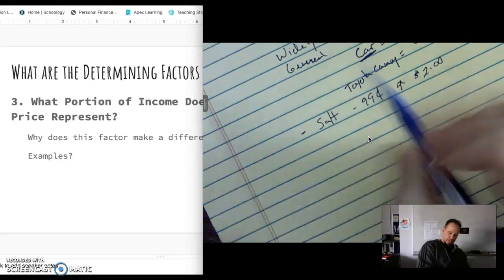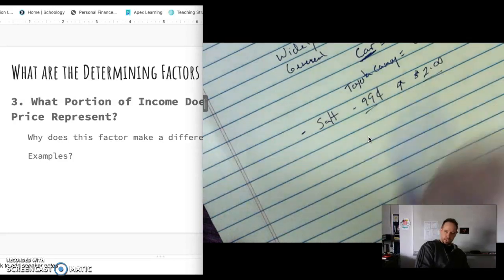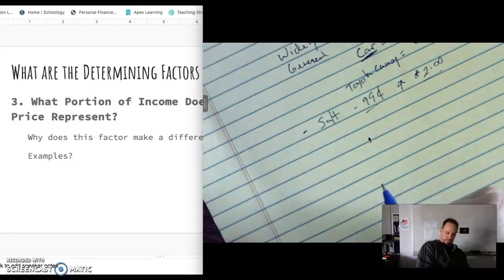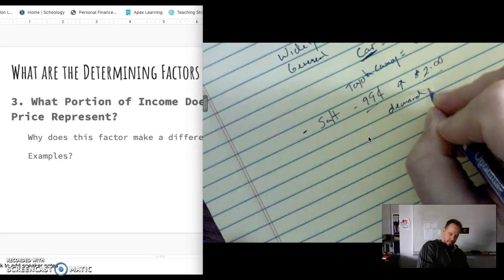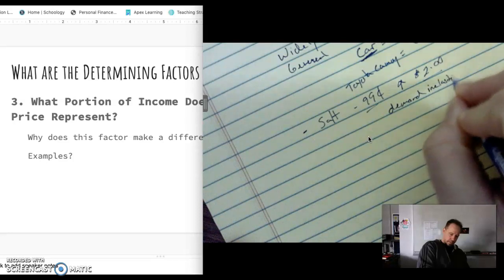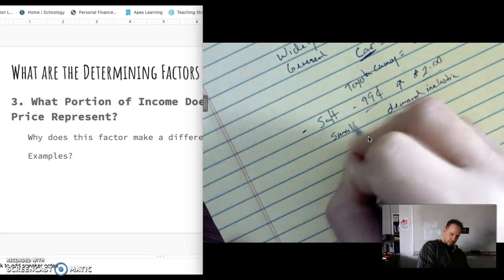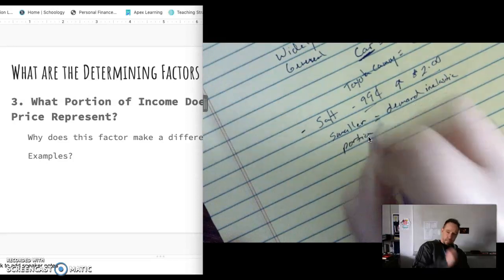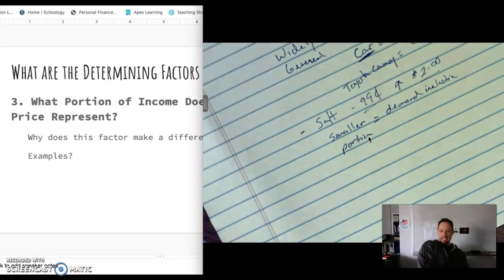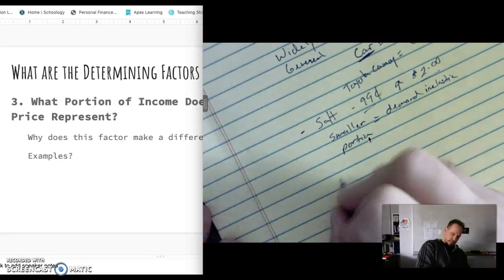Because it's such a small portion of my budget, it makes demand more inelastic. So the smaller the portion of our budget, the more inelastic demand tends to be. We're not going to change our responsiveness to it. Now let's take a larger example: let's say I was looking at a new car.